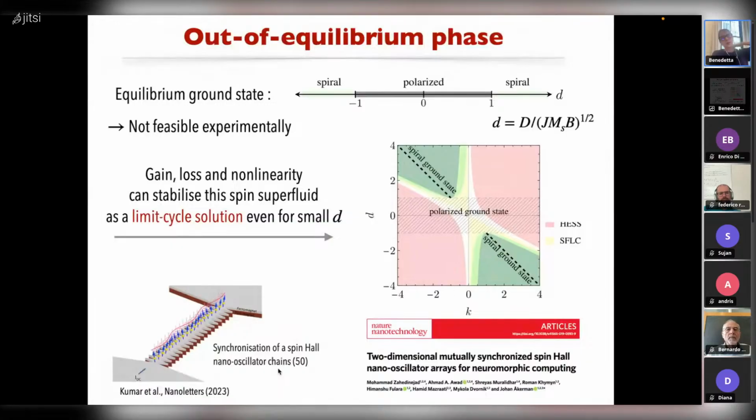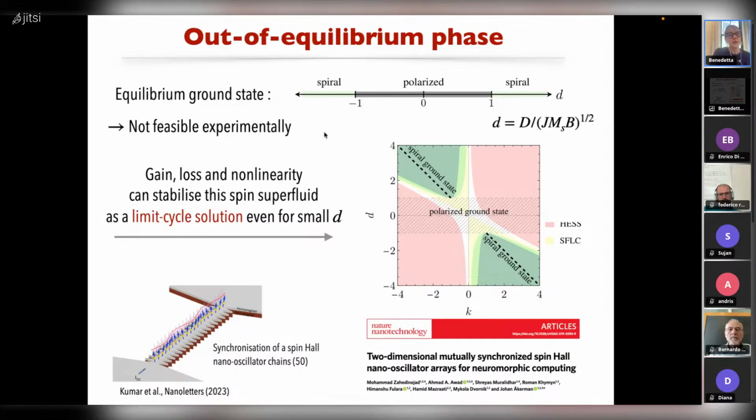And I think one of the big issues here is that it's very hard to tune the system to the strength of the DMI that you need in order to have this state. Not only because this type of very strong DMI doesn't emerge in crystals, but even when you are engineering these heterostructures and interfaces, it's very tough for the experimentalists to even crank up DMI a little bit.